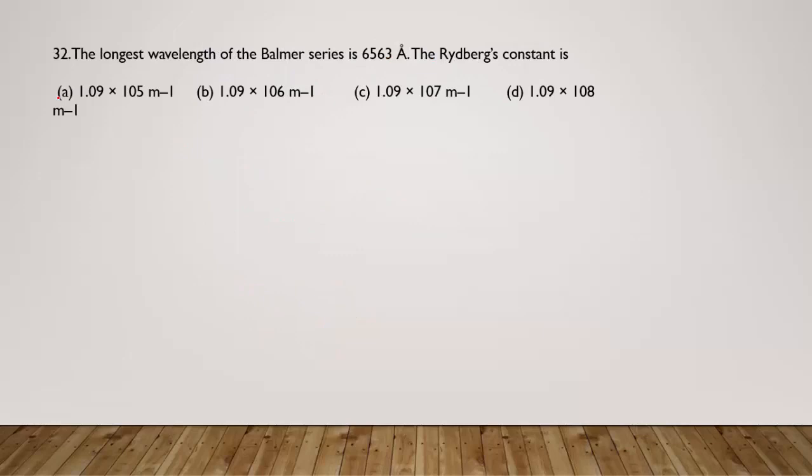And the next question is, the longest wavelength of the Balmer series is 6563 angstrom. What is the Rydberg constant? For the longest wavelength of the Balmer series, n1 equal to 2 and n2 equal to 3. 1 by lambda is equal to R into 1 divided by n1 square minus 1 divided by n2 square.